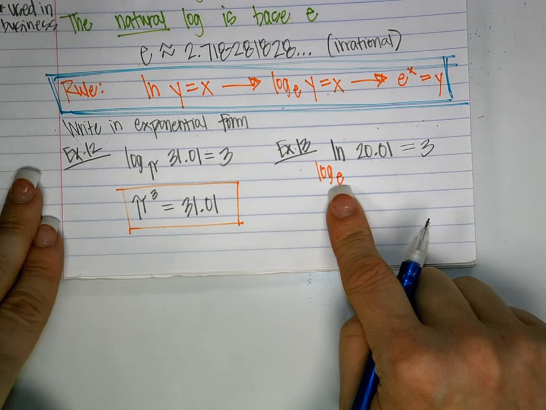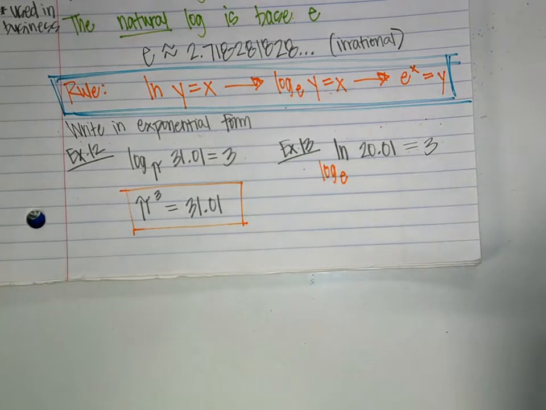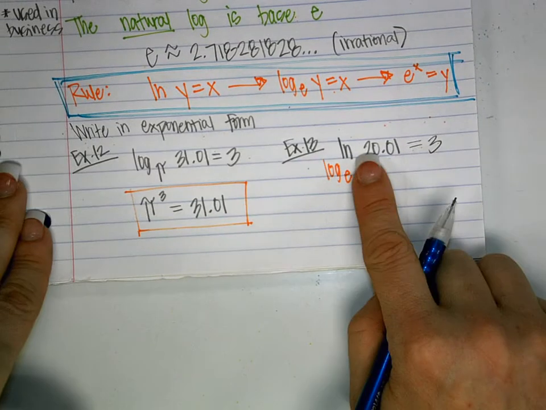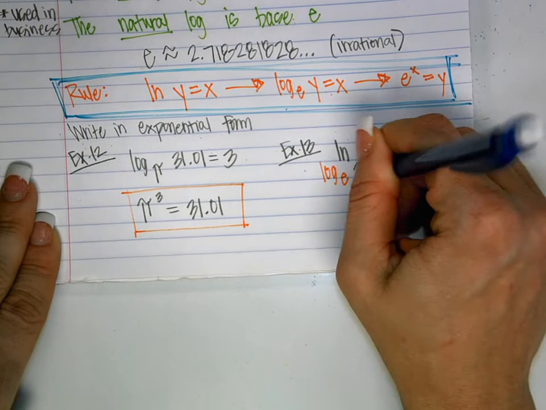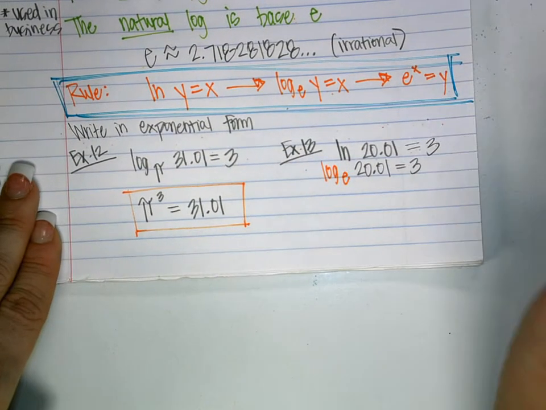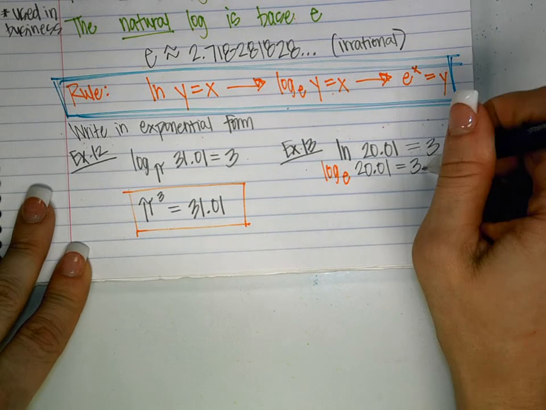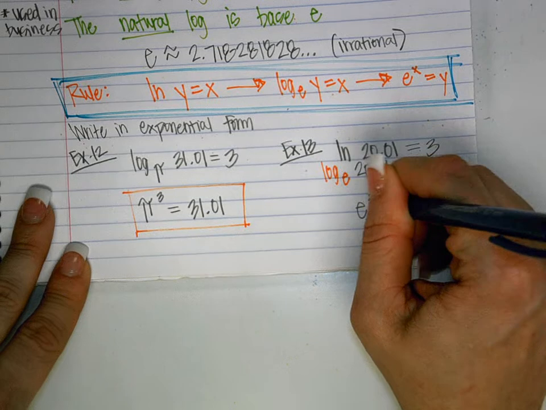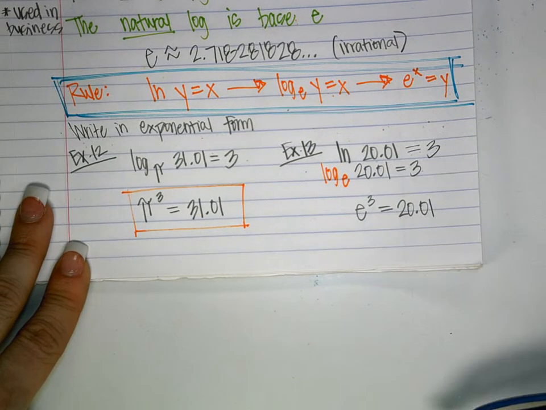If you put uppercase, it's wrong. Anytime you see that, replace it with log base e, and then just rewrite the rest. Then write it in exponential notation. So 3 is the exponent on e that makes 20.01. That's your answer.